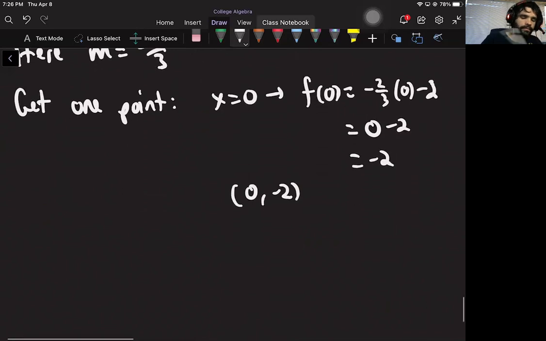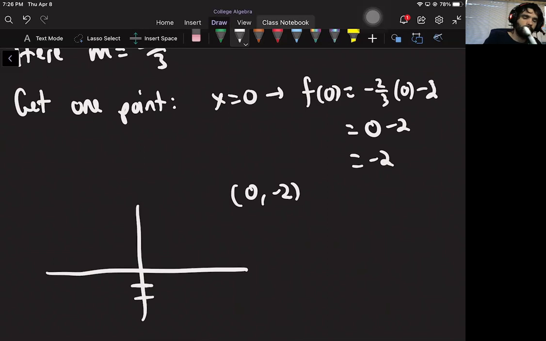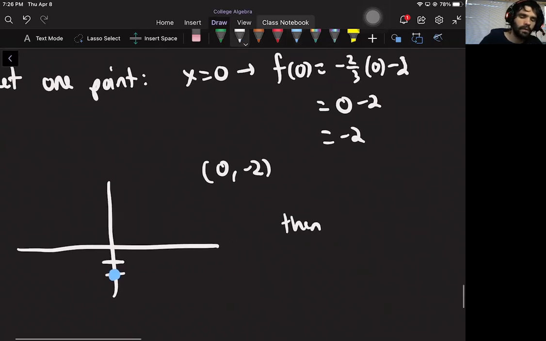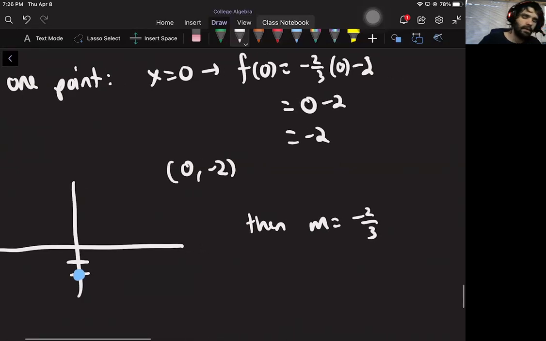And now to graph the function, I'm going to use this new trick. I'm going to think of m as -2/3 as being this rise over run thing.